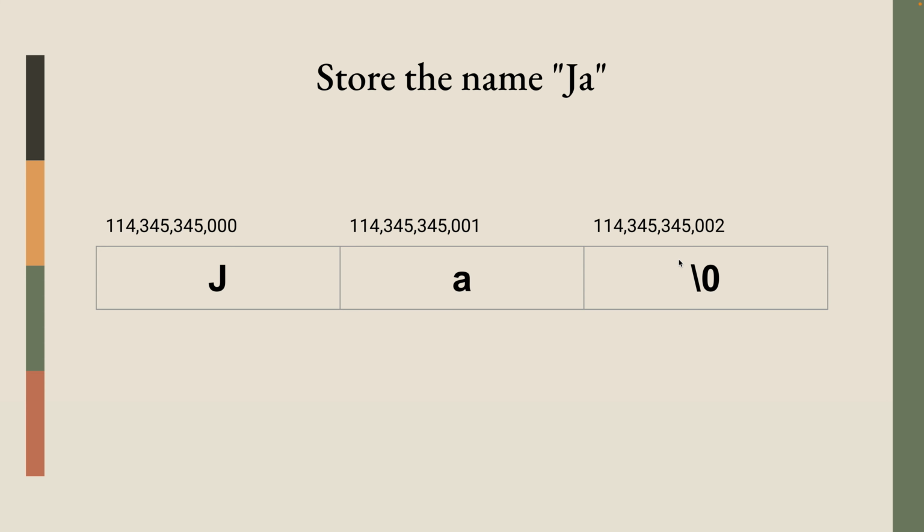The null terminator is just the value 0, and it's to help the computer know where the end of the string is. Because we will have more data on the side of the screen, so the computer needs to know the start and the end. It has to know where it's starting and where it's ending. And so this null terminator character is just to help the computer know where the string is ending.